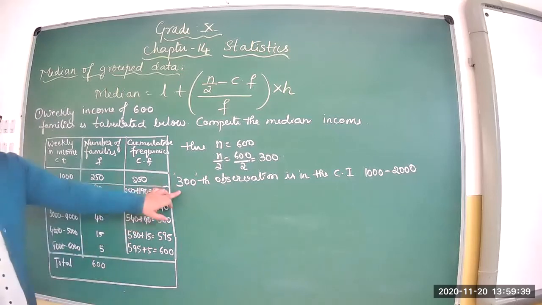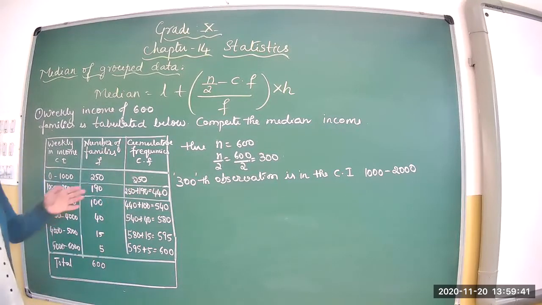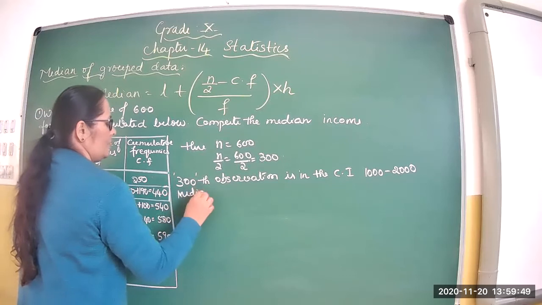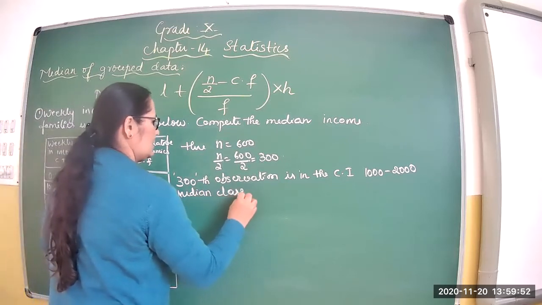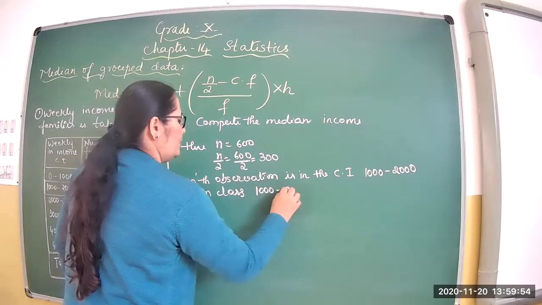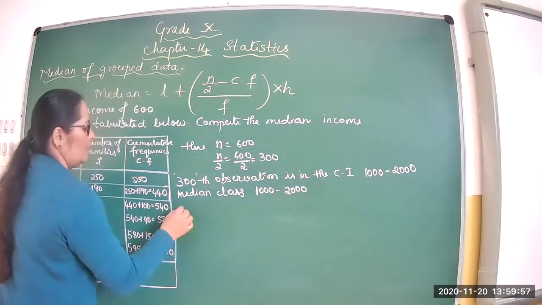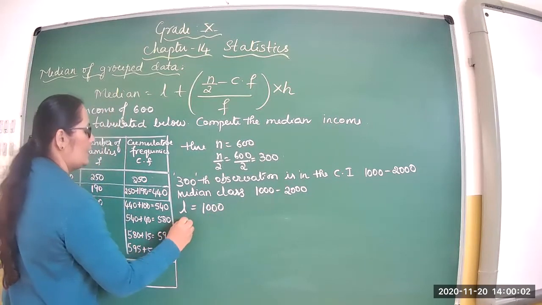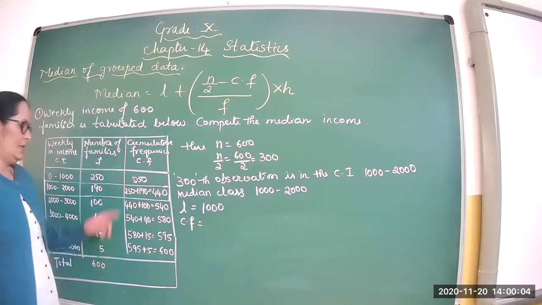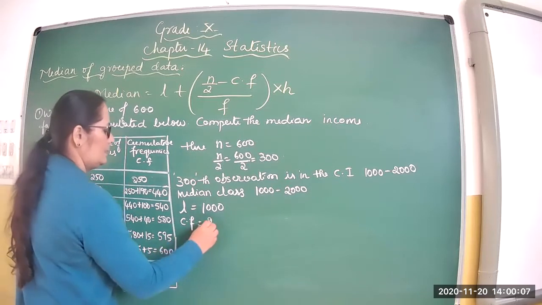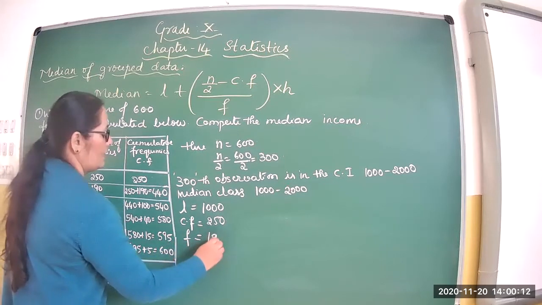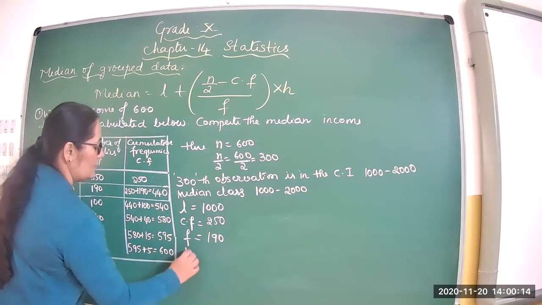So the median class is 1000 to 2000. Then the lower limit of the median class is 1000, the cumulative frequency of the preceding class is 250, the frequency of the class is 190, and the class size is 1000.